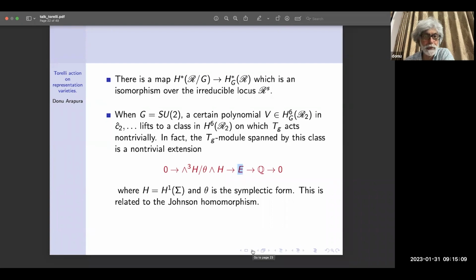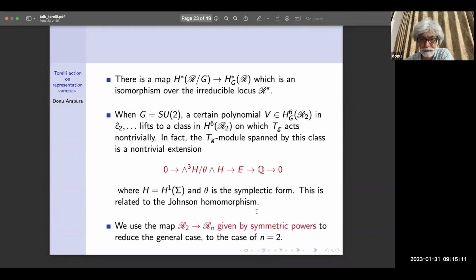Right. So maybe I squeezed too much into this slide, but I'll just finish it. This is the rank 2 case up to this point, and then basically we can do the rank n case by just considering the map induced by symmetric powers.